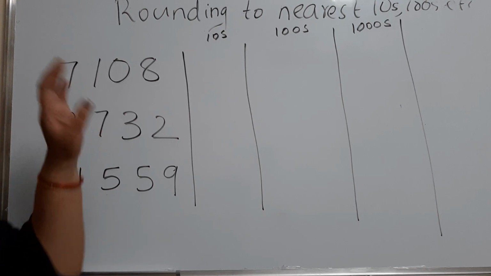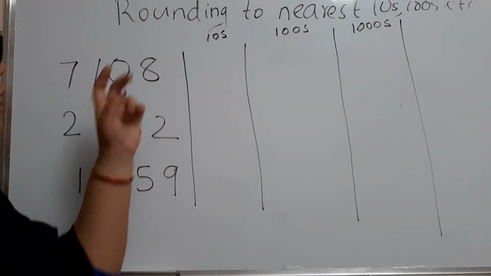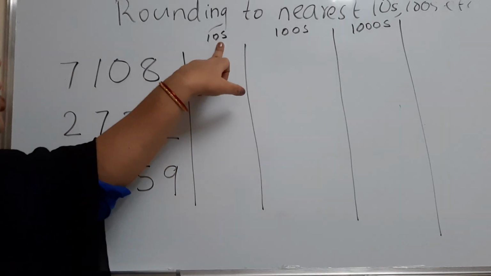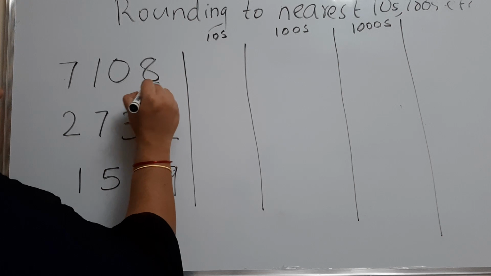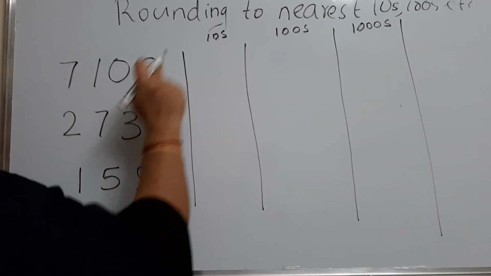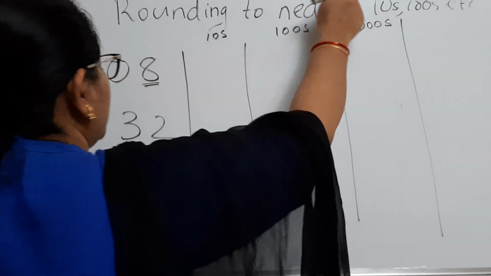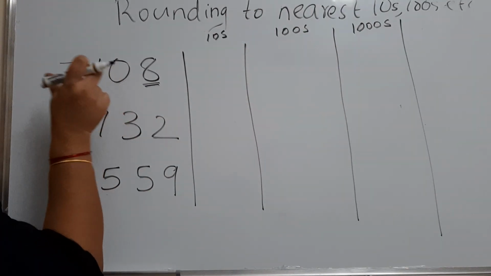Okay, so first, whatever the big number is, you don't need to bother about it. If rounding to the nearest tens, you want to check the ones place. If the ones place is 5, 6, 7, 8, 9, any of these, then this number plus 1.